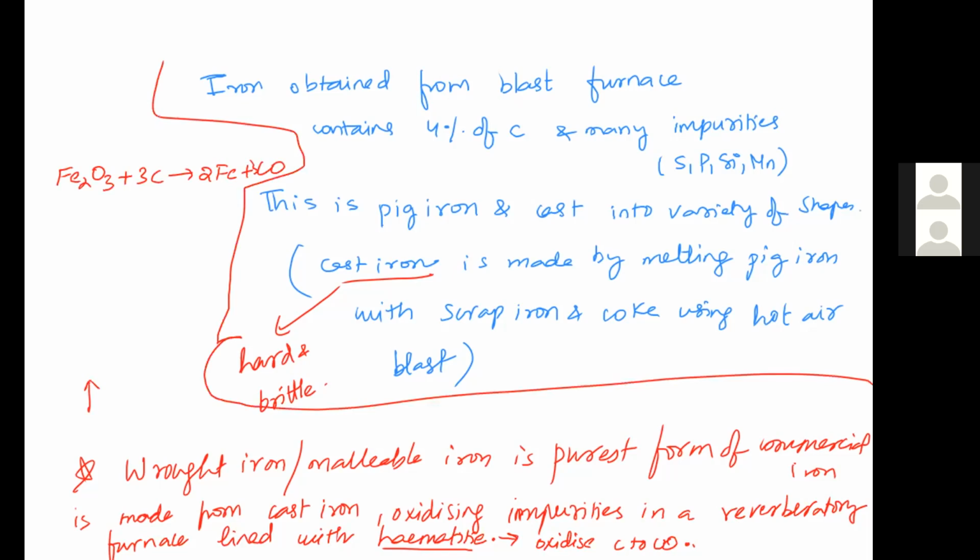And CaCO3 is added in this as flux. And sulfur, silicon, phosphorus are oxidized and passed as slag. That's all about the iron.